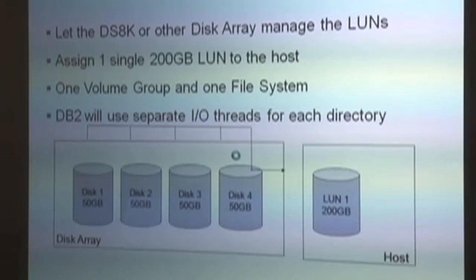So most of the time we see customers doing it externally, and then there's some best practices on the type of the controller and how you configure the storage and the cache. You can have one single LUN that would represent multiple disks within the array, but you still want to stick to a multi mount point configuration with multiple directories. DB2 will support up to 128 directories. It'll multi-thread across.